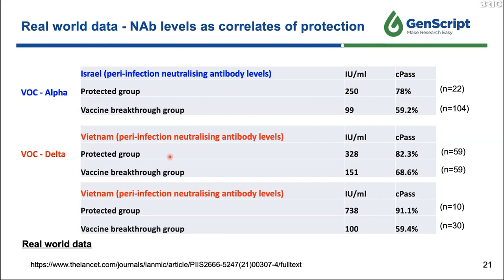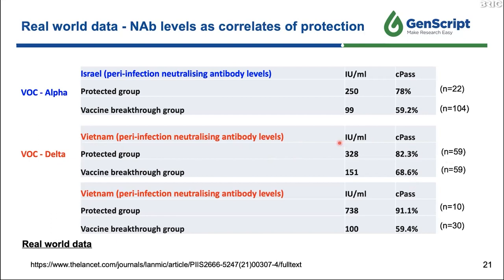And another study from Vietnam also investigated the neutralizing antibody among healthcare workers, some of whom were protected and some of whom had vaccine breakthrough infection. In this study, the main circulating variant of concern was Delta. This study had two cohorts.